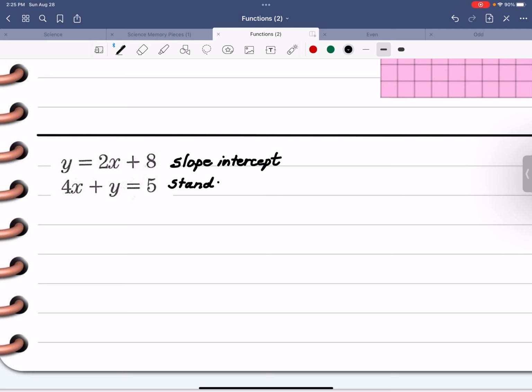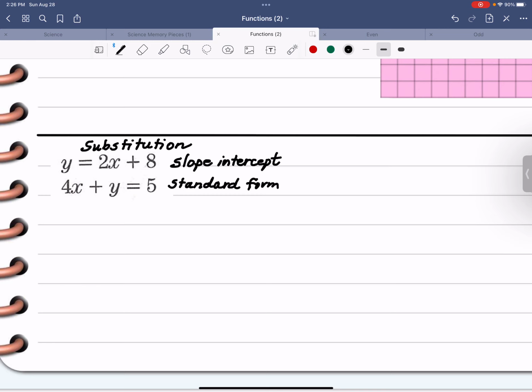I would probably use elimination on this one, quite honestly, because the y's could be canceled easily. But they want us to use substitution. So in this one, we will do substitution. This is actually a good one to substitute because the one is already in slope-intercept form.